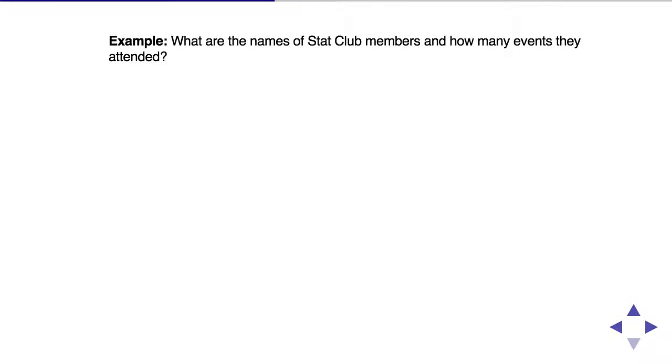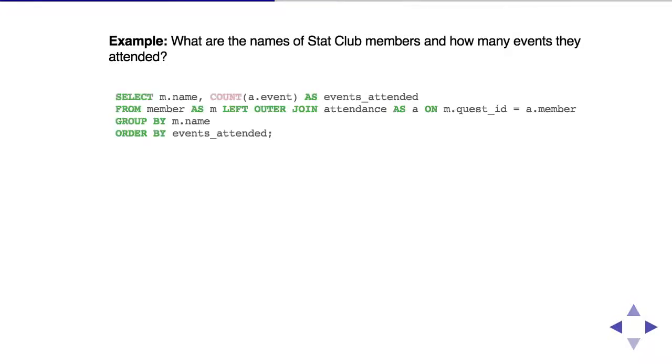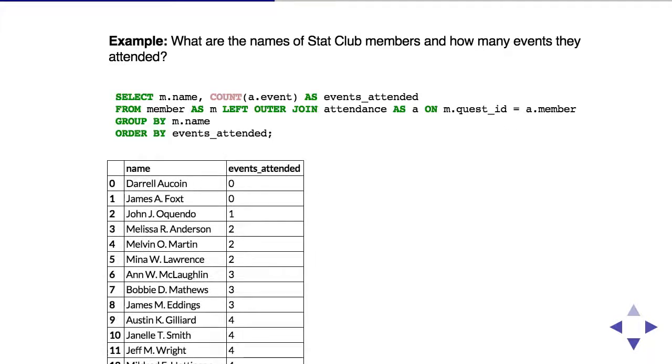So, what are the names of Stack Club members and how many events they attended? If we select name, count from member left outer join our attendance table, where quest ID is equal to the member, and group it by our name, we could order by events attended to show you the change.